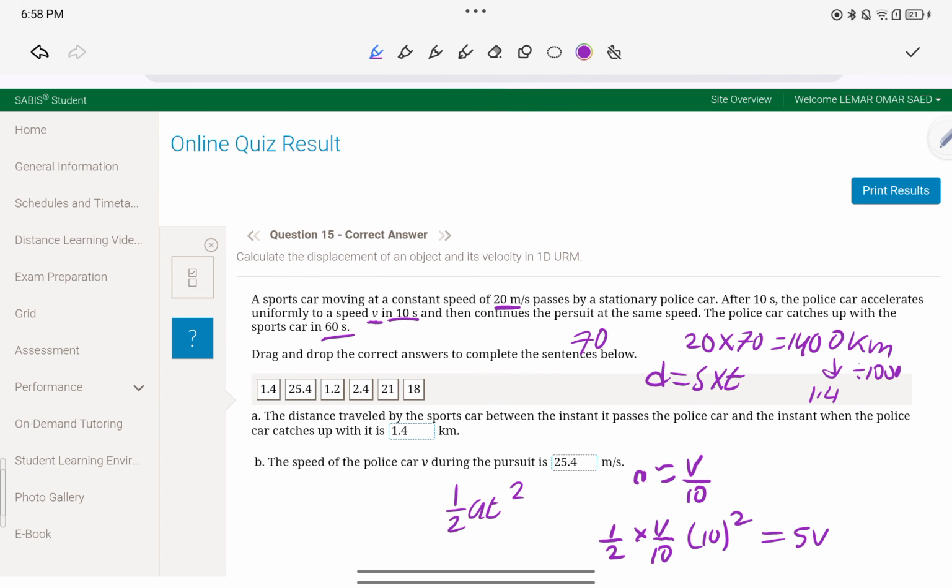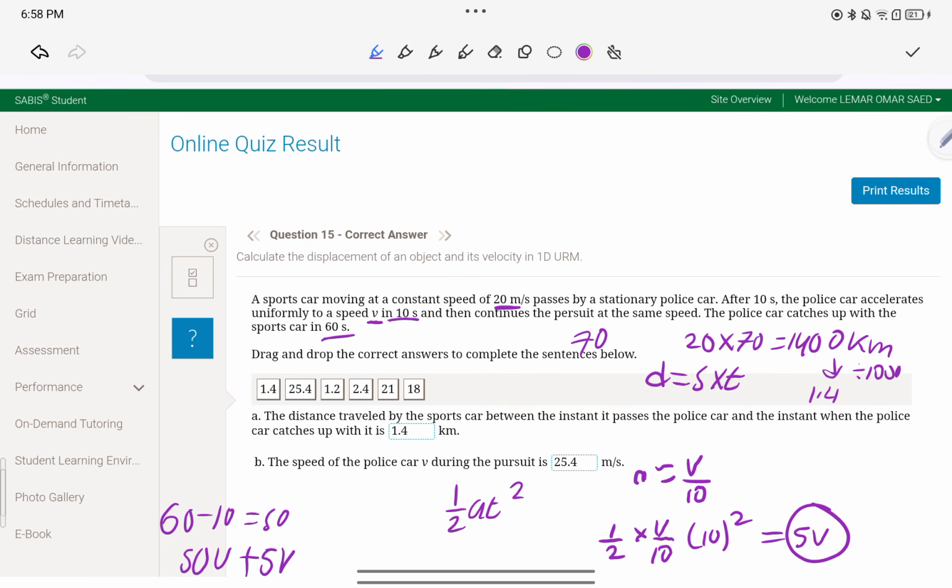Now, the police car travels at a constant speed V for 50 seconds. Why? Because 60 minus 10 is equal to 50. So 50V. Okay? Now 50V plus 5V.